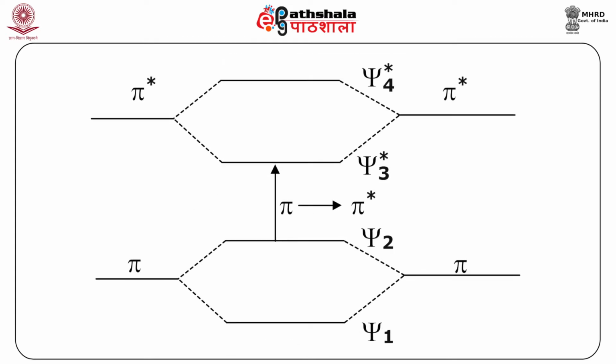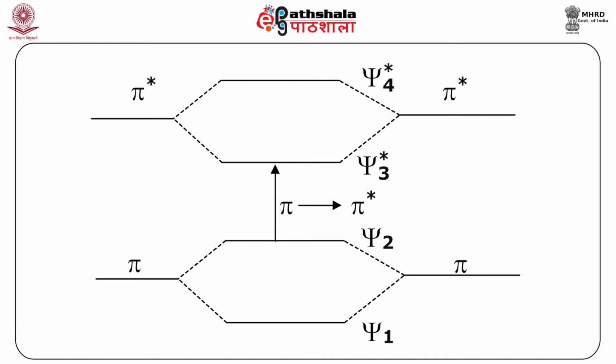Now, considering the case of simple alkene, that is ethylene, we have only two molecular orbitals. One is the ground state pi bonding orbital and the other is excited state pi star anti-bonding orbital.